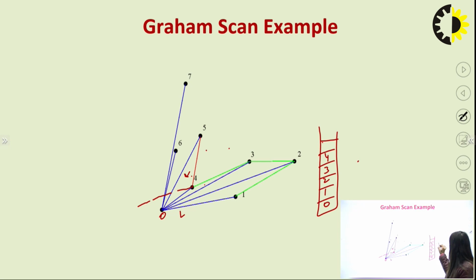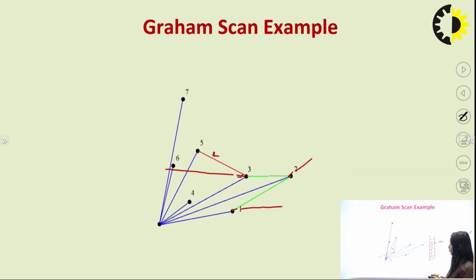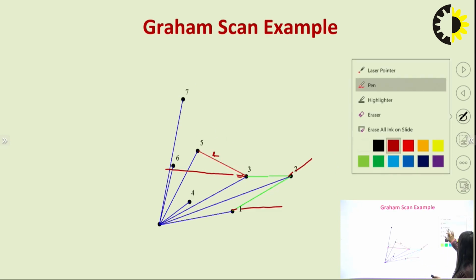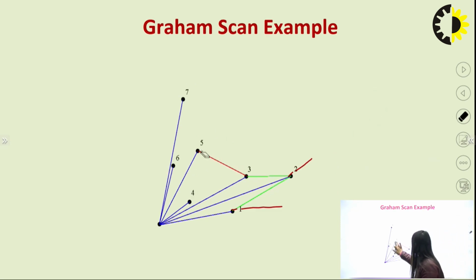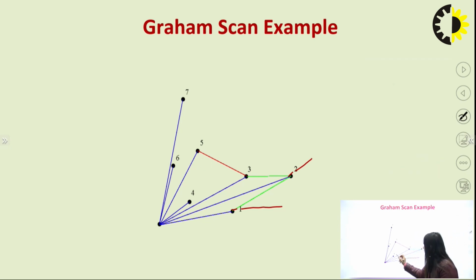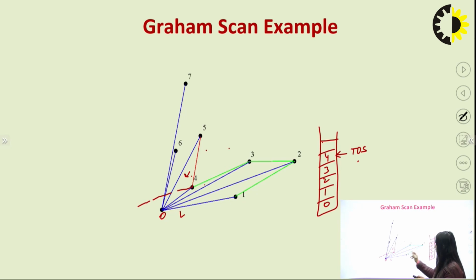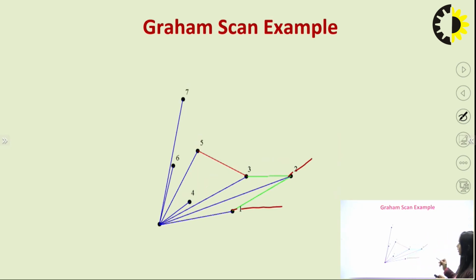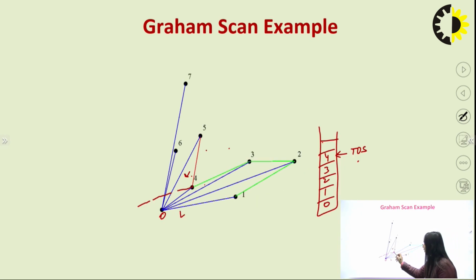Okay, now top of the stack is your 4, you need to pop 4 from here, right? If you pop, see, in the last slide we made a green line from 3 to 4, but here this point lies on the right side.